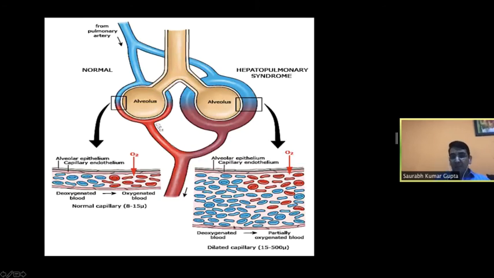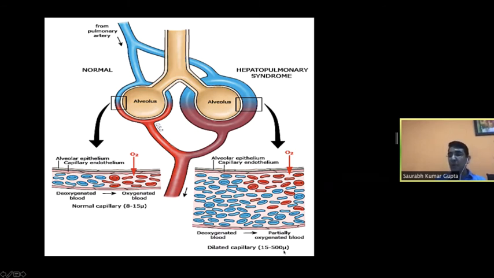Now, this is what happens. This image I have used previously also. These are the normal capillaries. And when the patient has hepatopulmonary syndrome, because of a defect in the liver metabolism and its production capabilities, there are problems of vasoconstriction in the distal pulmonary vascular bed, and it causes dilatation of capillaries. According to most estimates, these capillaries may enlarge from 15 to 200 micrometers, but some people believe it can go up to 500 micrometers.